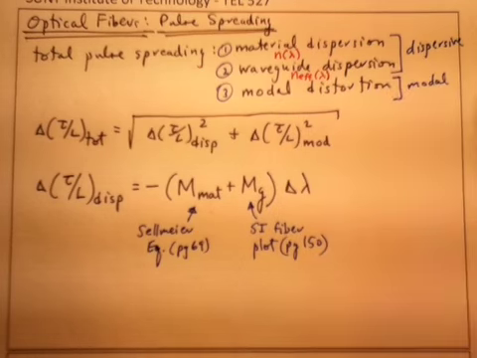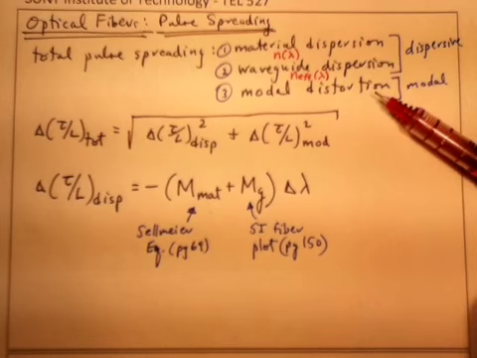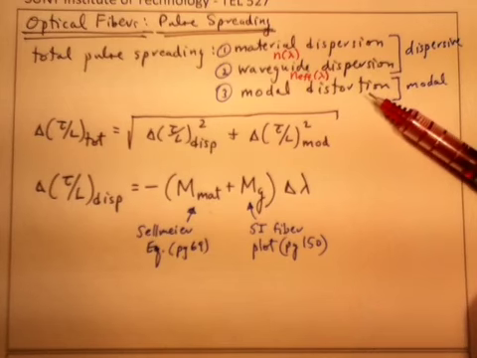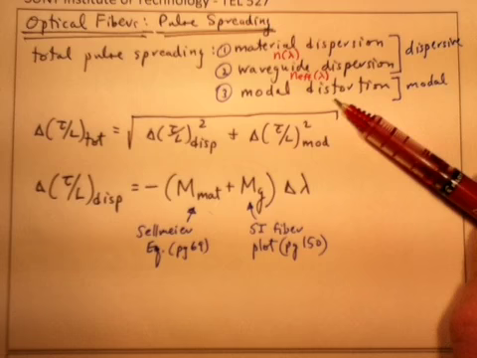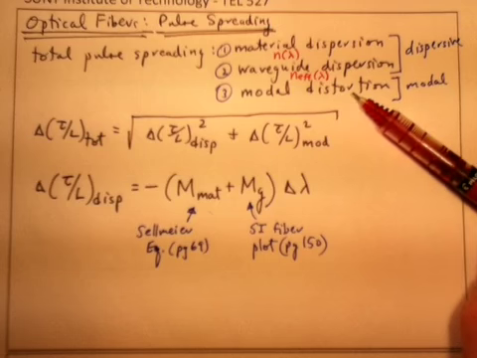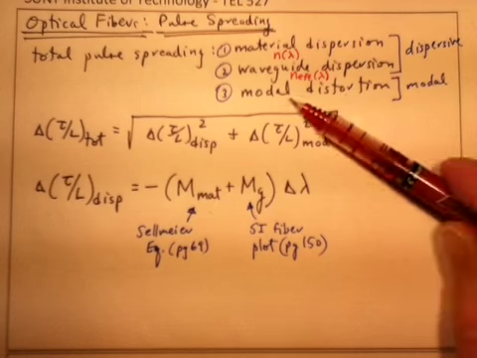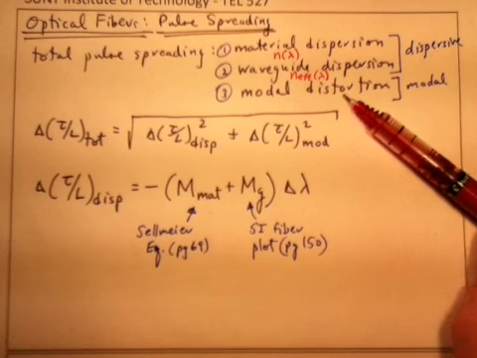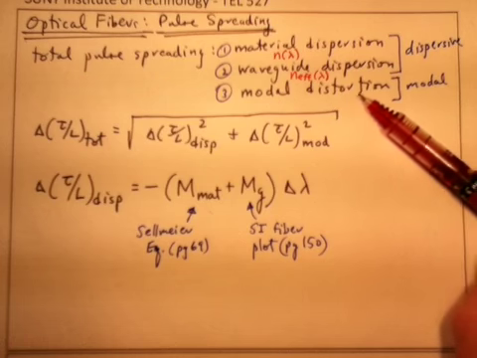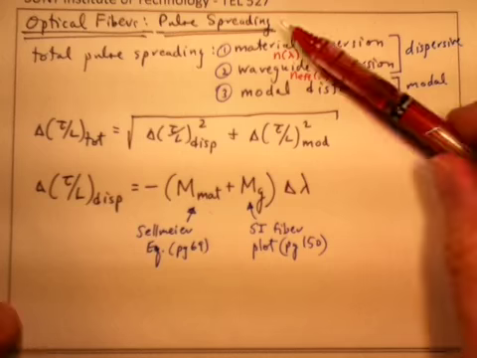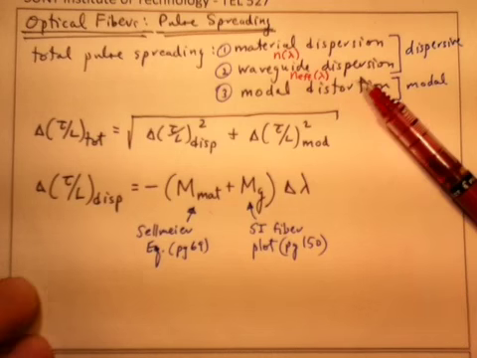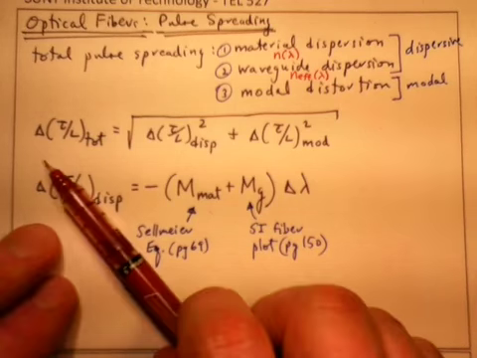We also saw in Chapter 4 that when we have multiple modes, those modes essentially all have different effective indices, and that gives rise to modal distortion, which also contributes to the total pulse spreading. And these different components contribute using these equations, which I've already shown.